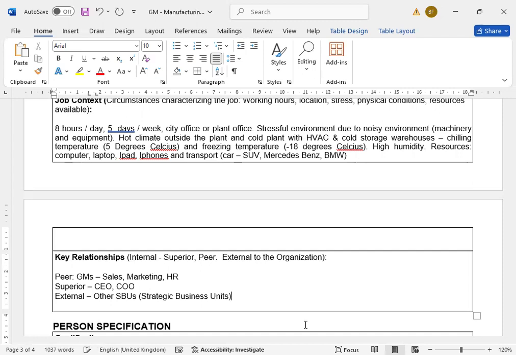What are these other SBUs? There are other businesses, like the water business, the bottled water, things like that. Or even a construction company is also an SBU.